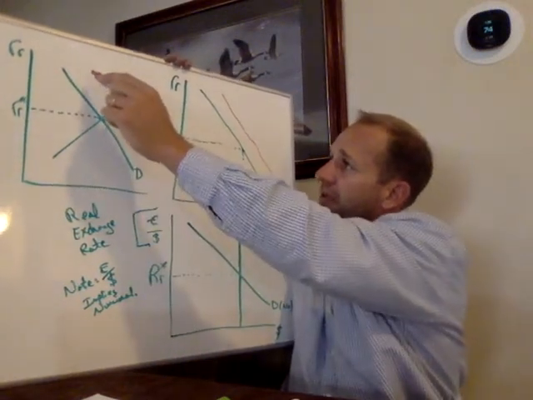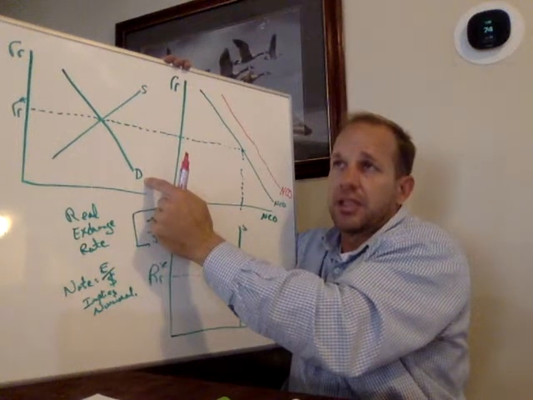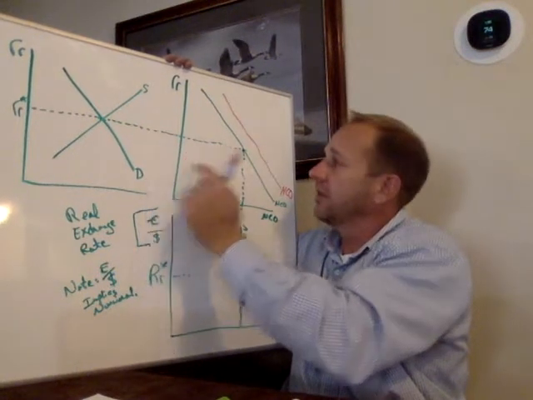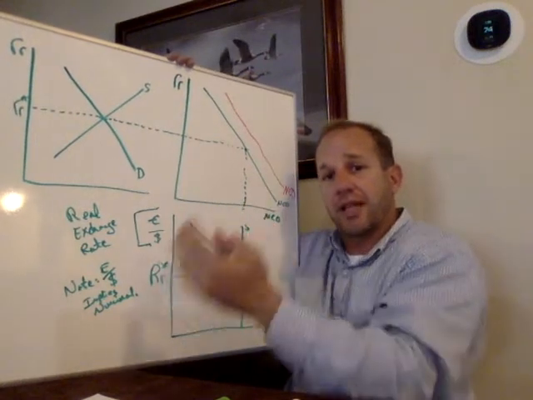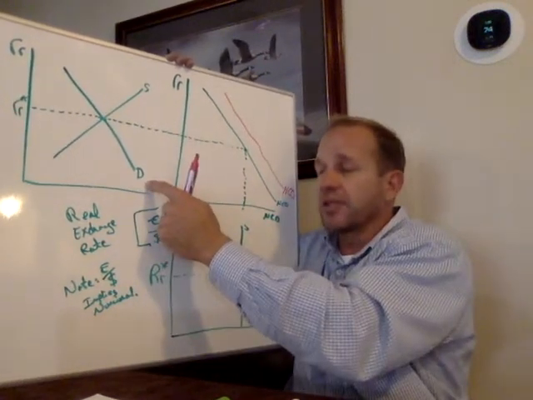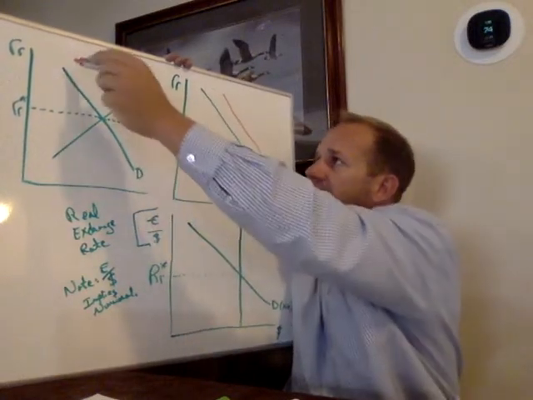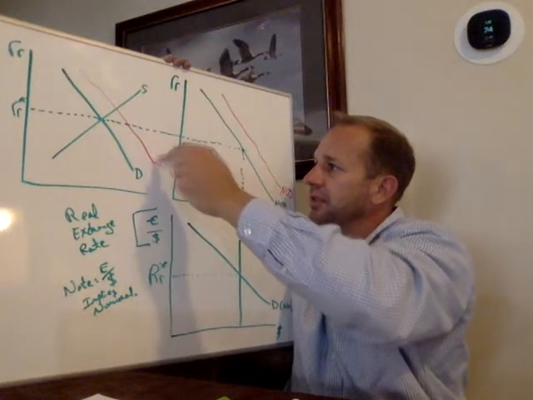I'll start over here. Remember, this demand curve came from investment and net capital outflow. If net capital outflow increased over here, since this is coming from investment and net capital outflow, this has to increase as well.